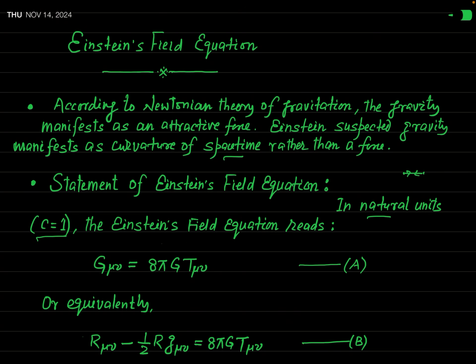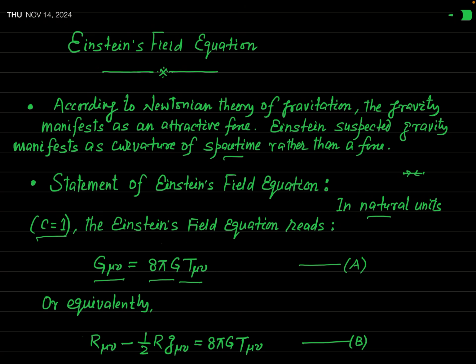So whenever you write any equation in natural units, you will have to take c equal to 1. So if you are talking about natural units, that is, you take c equal to 1, then Einstein's field equation is given like this. This is G mu nu equal to 8 pi G times T mu nu.